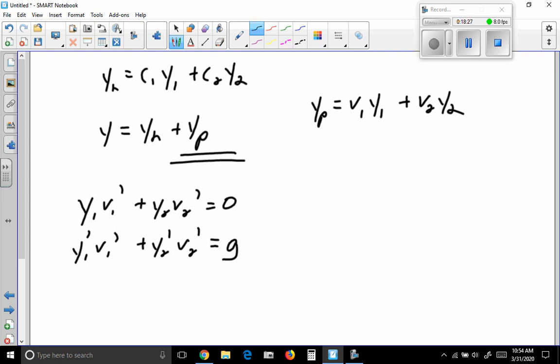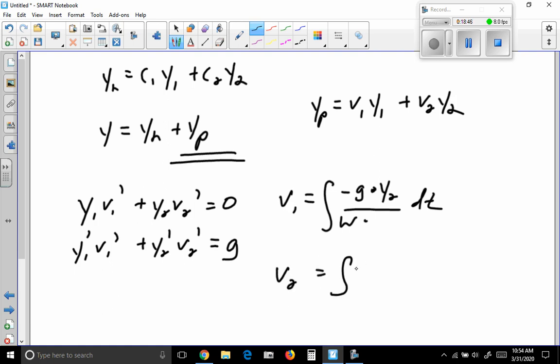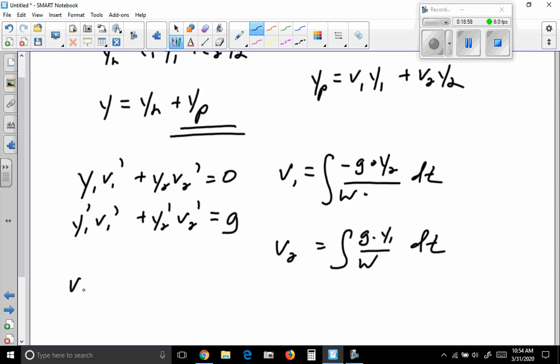So they gave us a formula that v1 in general is the integral of minus g times y2 over the Wronskian dt, and v2 is the integral of g times y1 over the Wronskian dt. And really, this is just, remember, if we solve this system for v1 prime, we could do that using Cramer's rule.